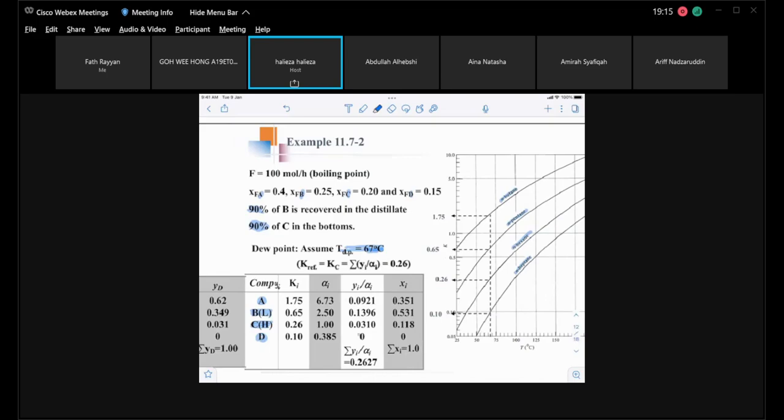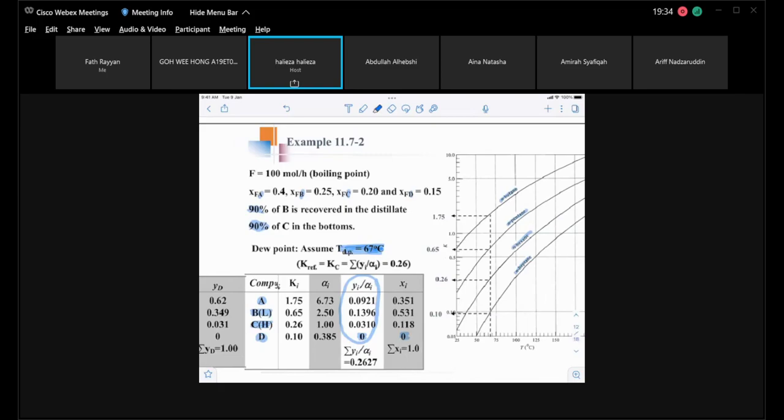So there is no D at all in your distillate, and all of A will be in the top product. We managed to get the composition based on that assumption, and from that you found the dew point, which is 67 degrees C.